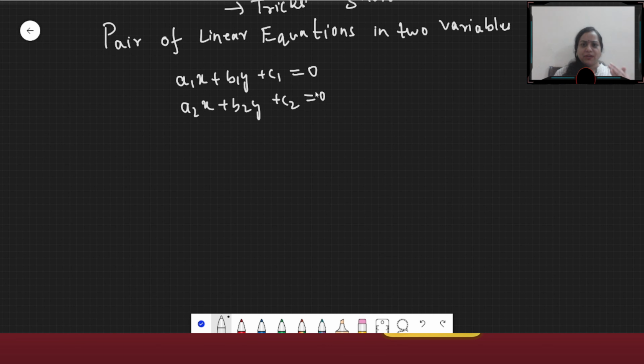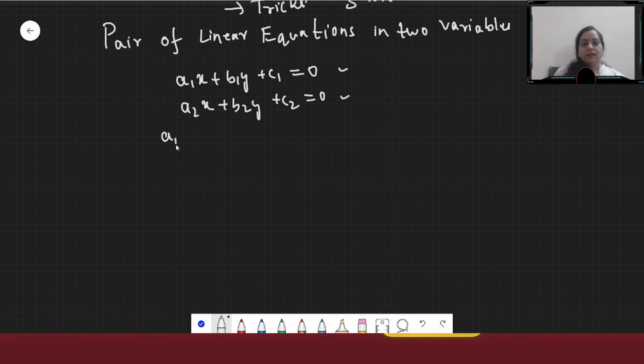A pair of linear equations are those equations which are in the same variables. As in this case, these two equations have variables x and y. That is why they are called a pair of linear equations, and since there are two variables, they are called a pair of linear equations in two variables.